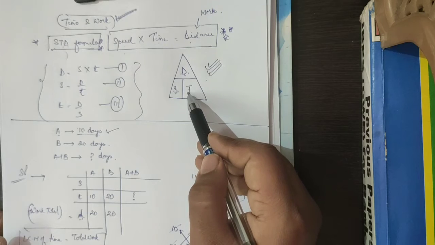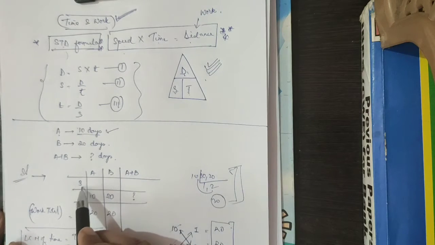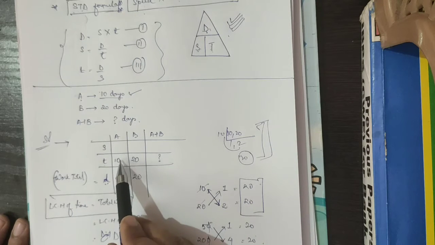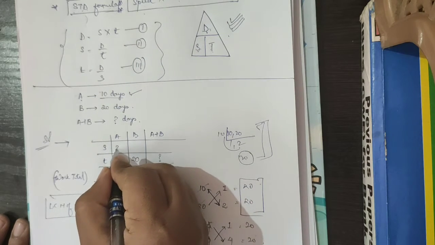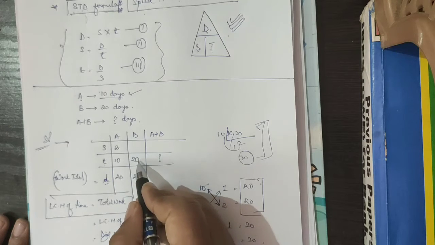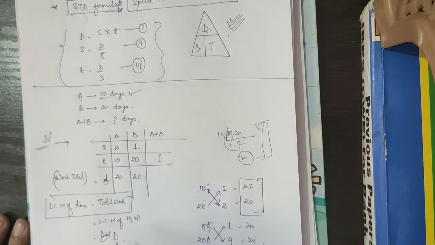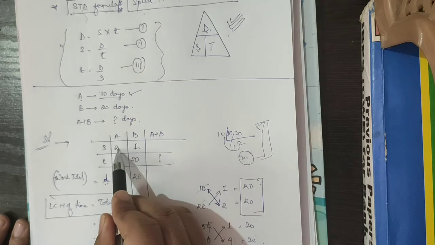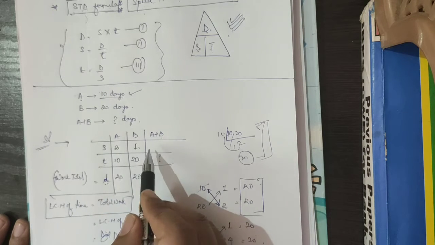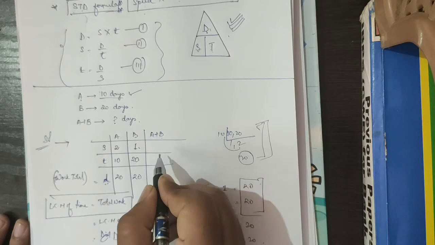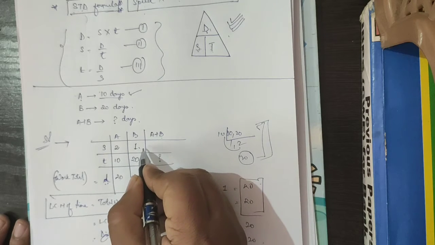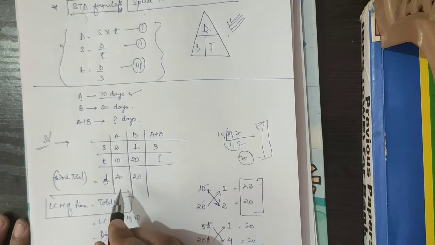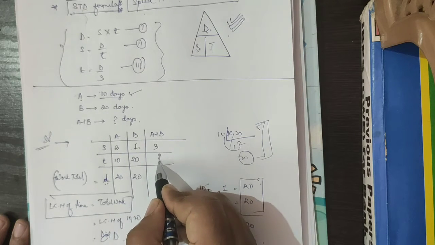So 20 divided by 10 is 2, and 20 divided by 20 is 1. After this, A plus B. For speed, always add. Two plus 1 is 3, and they are asking to find the time.